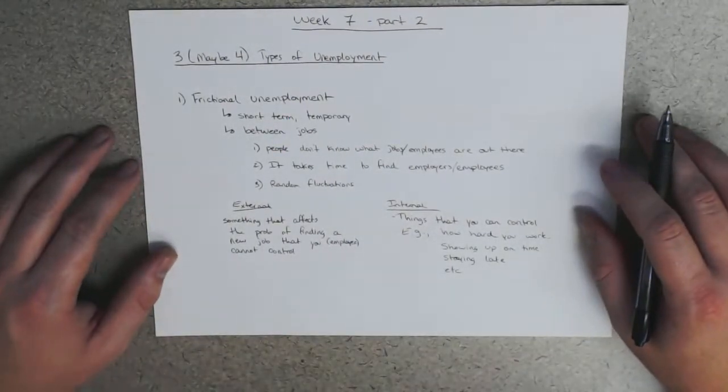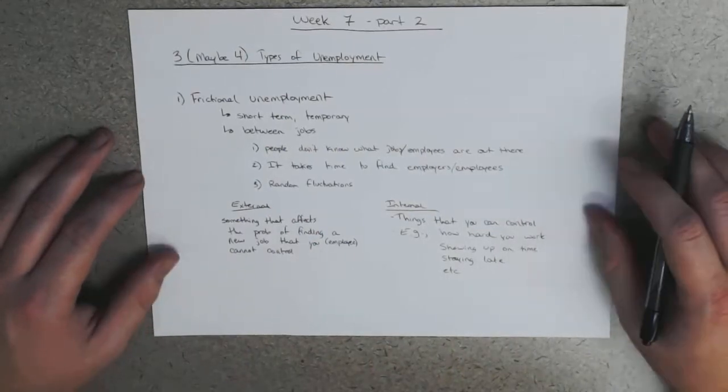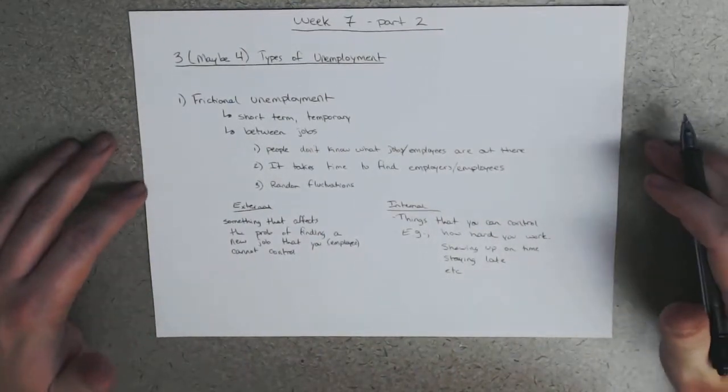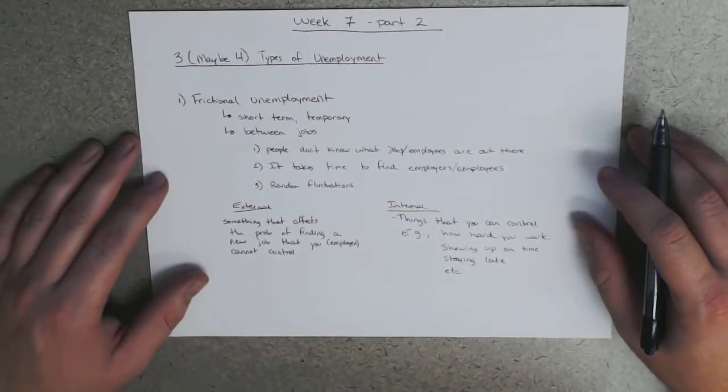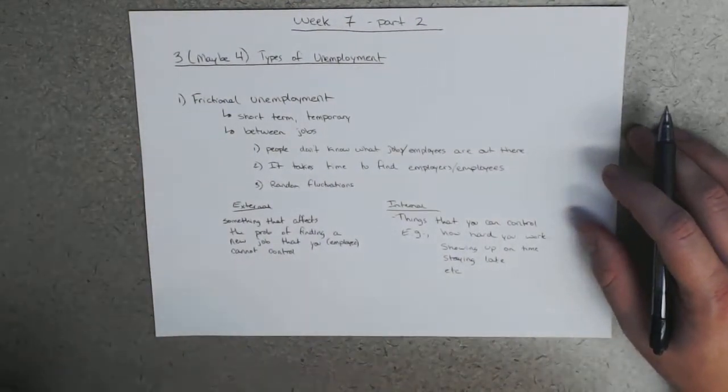Okay, so some examples of policies that can affect both external and internal determinants would be taxes. So imagine we tax part-time workers. We have a salary tax, or an income tax is probably the more common name.